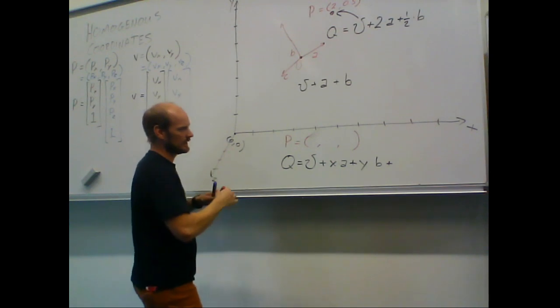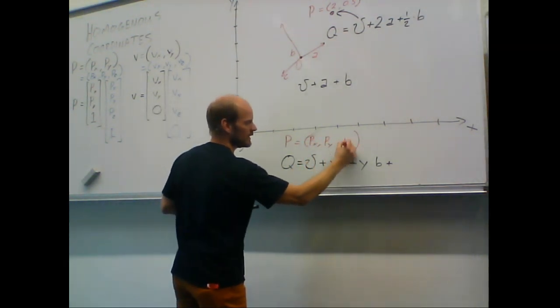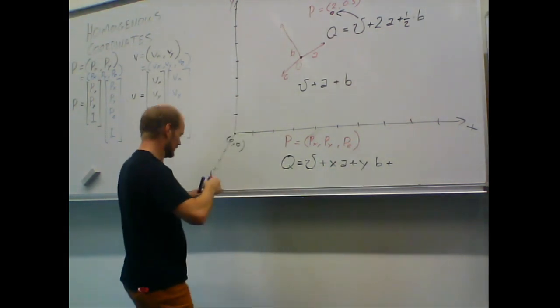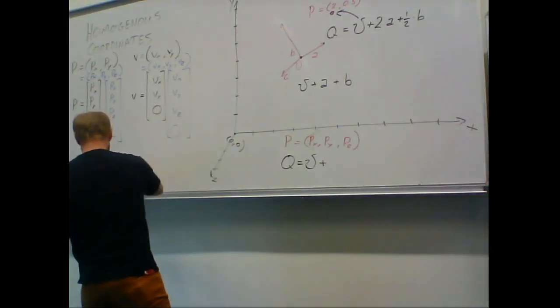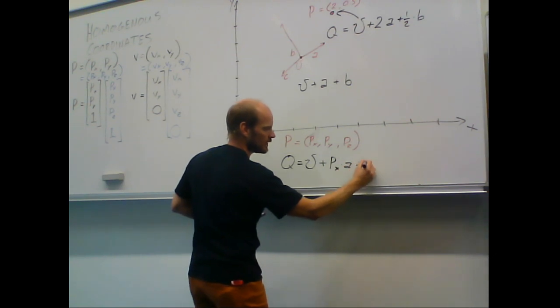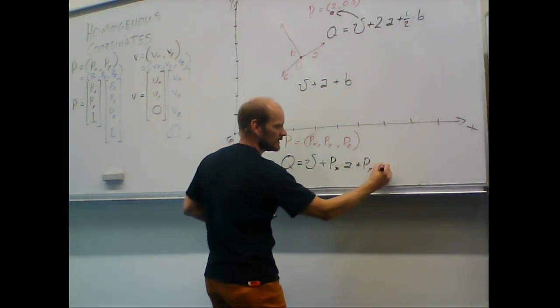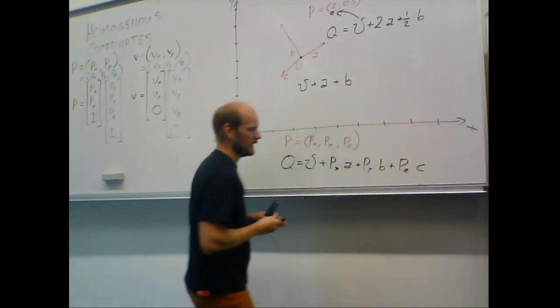Let's have these coordinates px, py, and pz so that it's clearer what we're working with. Either way, px times the vector a plus py times b plus pz times c.